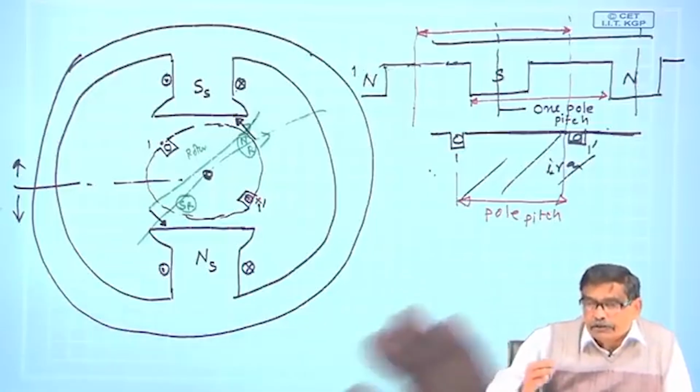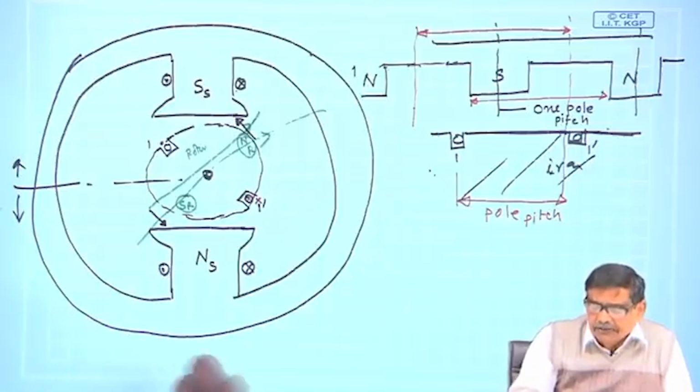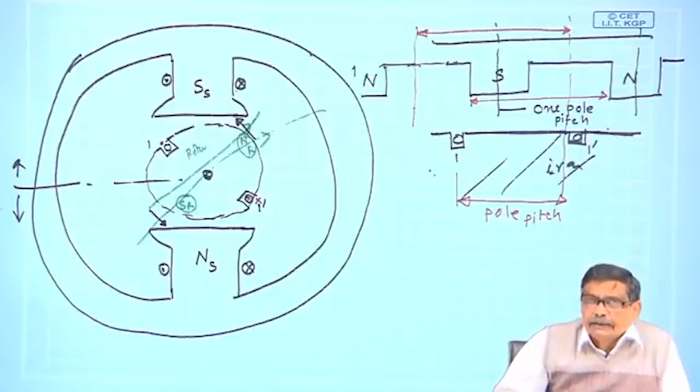During the transient process, when it accelerates, things change with time, velocity is not constant there.